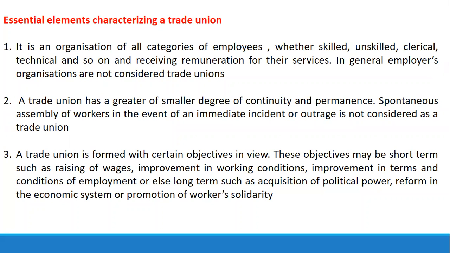In general, employers' organizations are not considered as trade unions, but there are some exceptions.